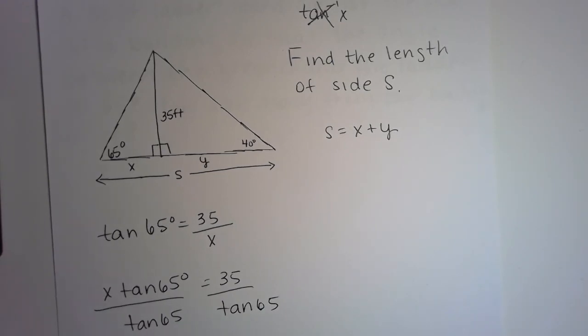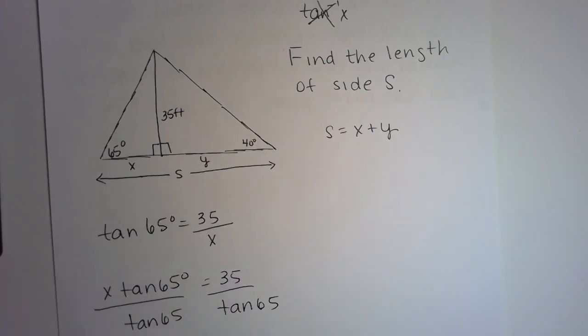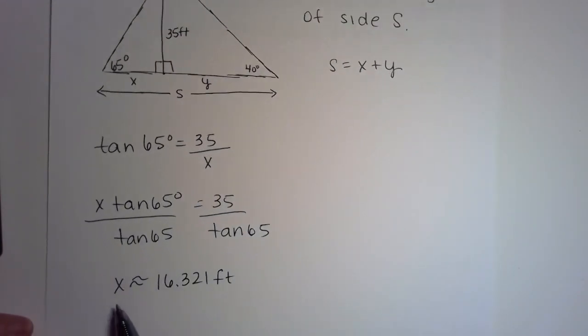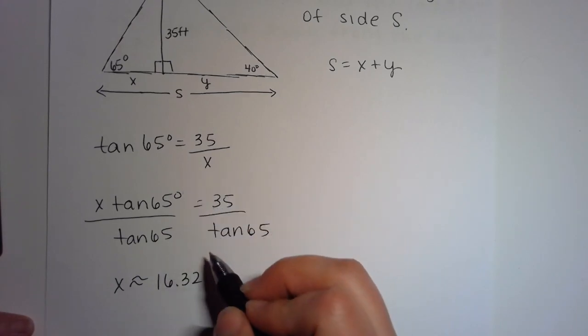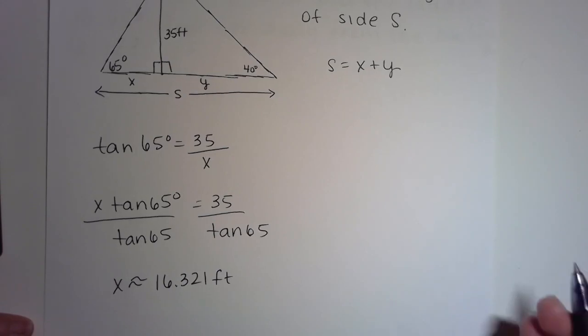And so my x here is about 16.321 feet. Since this 35 is in feet, we're going to say that this is also in feet, okay? So I have x is approximately 16.321 feet. That's just by putting in x equals 35 divided by tangent of 65.